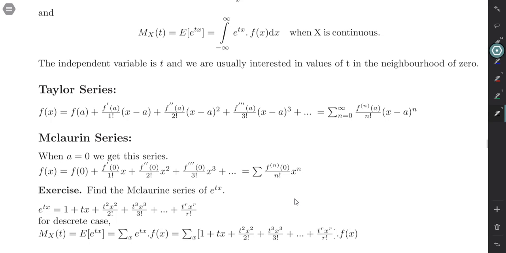When a is 0, the Taylor series becomes the Maclaurin series. Instead of a, we replace a with 0. You end up with the Maclaurin series of f(x), which is the sum of n going from 0 to infinity, the nth derivative of f evaluated at 0, divided by n factorial, times x to the power n. Because a is 0, you have just x to the power n.